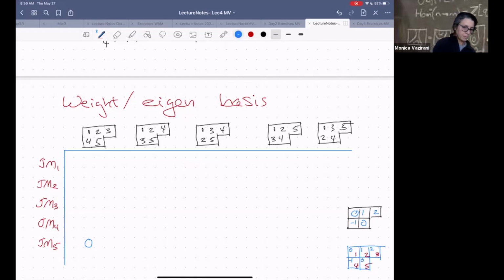Okay. And so the 5th operator acts as 0. That means the 4th operator is going to act as minus 1. The 3rd operator is going to act as 2. The 2nd will act as 1. And the 1st will act as 0.